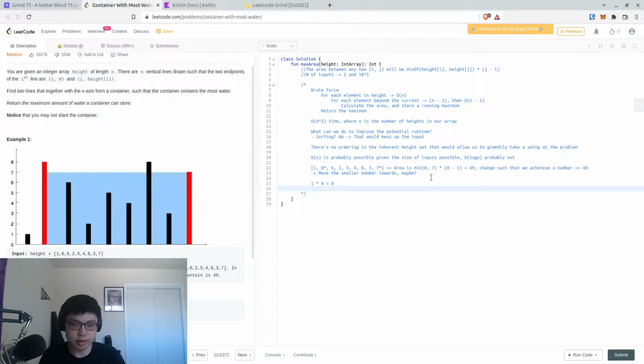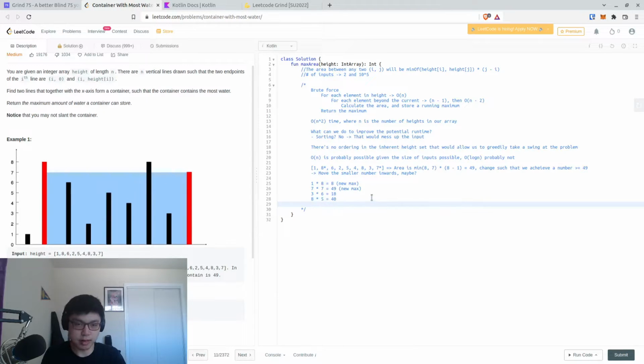Then we move the small one inwards, so we'd have 7 times 7, which is 49, a new max. Now this 7 is smaller, so we move it there, so now it's 3 times 6, which is 18. And this is still smaller, so we'd now move to 8 times 5, which is 40, which is here.